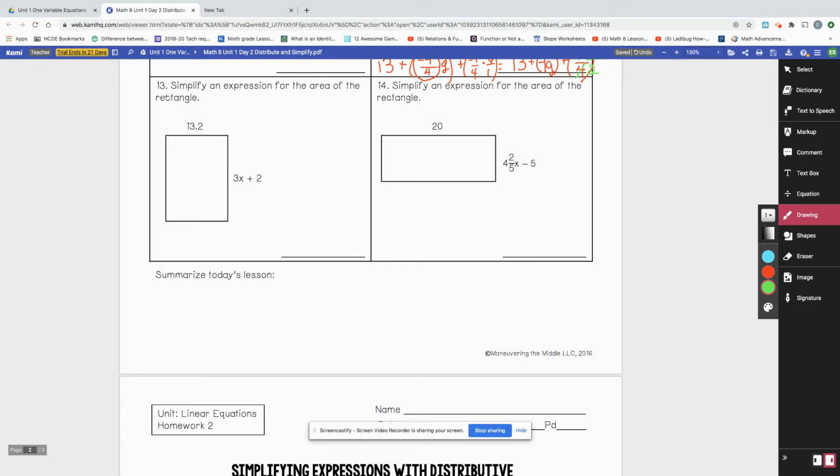Okay, to simplify the expression for the area of the rectangle, I've got to think about, what does area mean? Area means length times width.